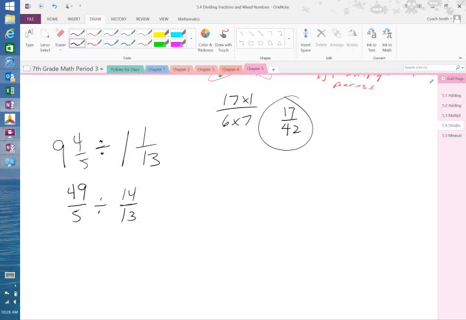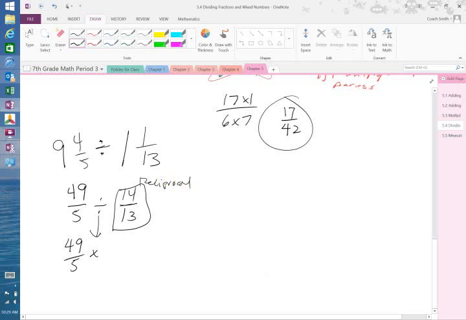That would be 49 over 5. Where we got the 14 over 13 is 1 times 13 is 13 plus 1, 14 over 13. Now, 49 over 5 stays the same. We change division to multiplication, and we do the reciprocal of 14 over 13, which is 13 over 14.